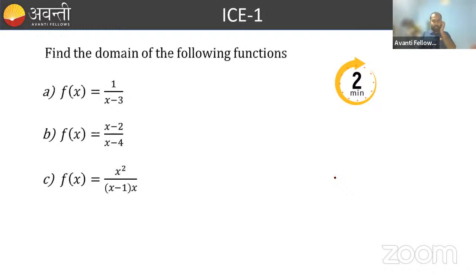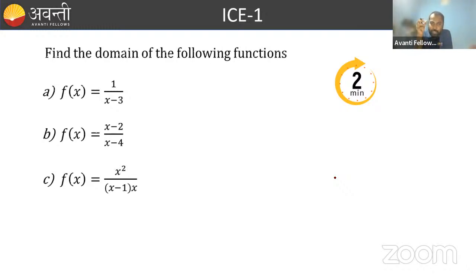Very good. Zenvi Nelor is saying that for the first one, R minus 3 is the domain. Very good. For the second one, the domain is R minus 4. When you are solving the questions, just observe the question clearly.